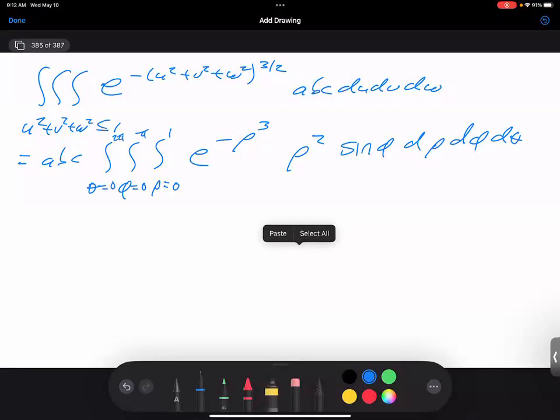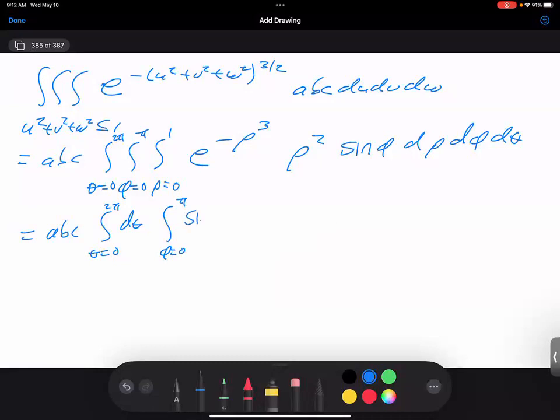So which is the easiest integral to do? The theta. In fact, this splits as three different integrals. This is just going to be abc times the integral of d theta from 0 to 2 pi, times the integral of sine of phi d phi from 0 to pi, times the integral from 0 to 1 of e to the negative rho cubed, rho squared d rho.